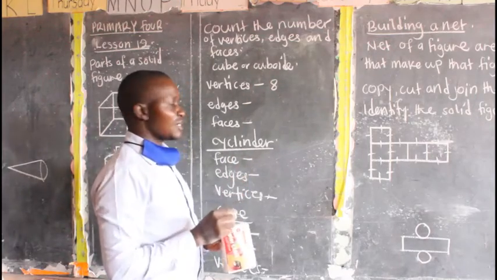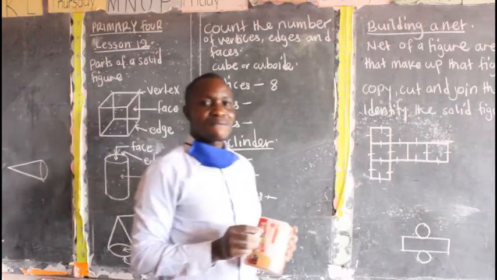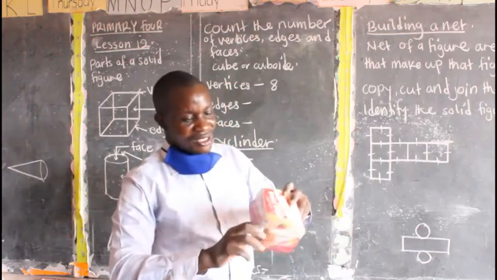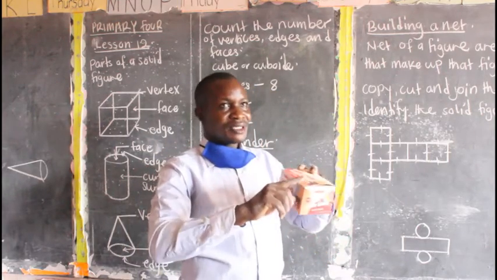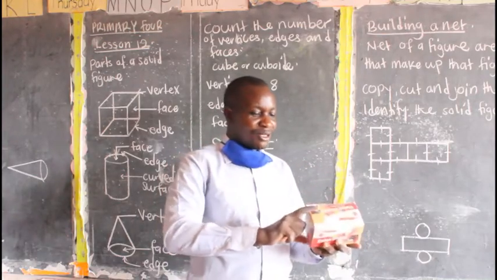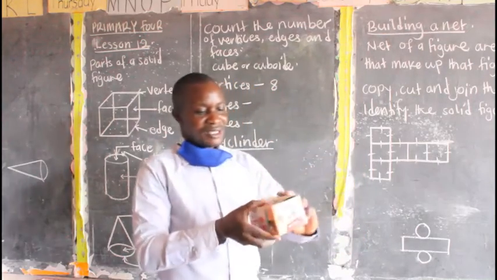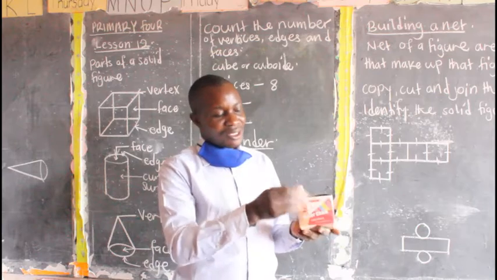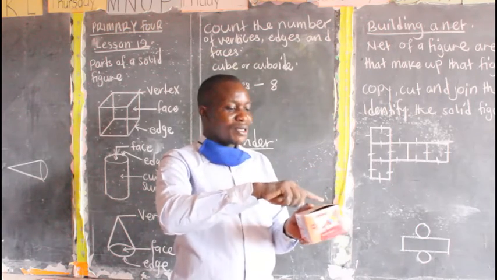8 vertices. Then edges. Edges are these parts here. So let's count the number of edges. Let me begin with the top one.